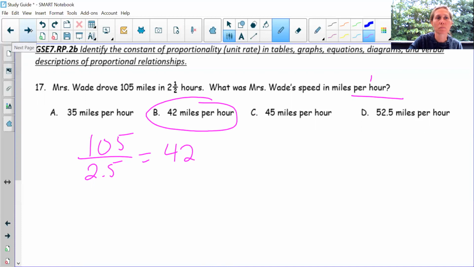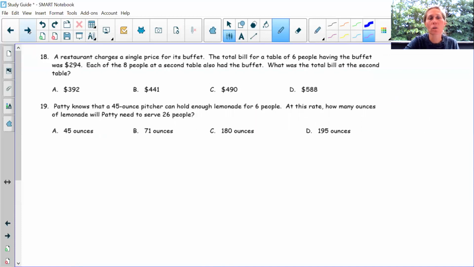Number 18. A restaurant charges a single price for its buffet. The total bill for a table of 6 people having the buffet was $294. Each of the 8 people at the second table also had the buffet. What was the bill at the second table? Now, what do you know? I know 6 people cost $294.